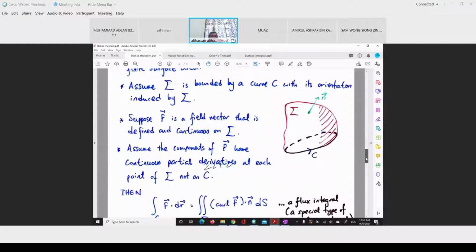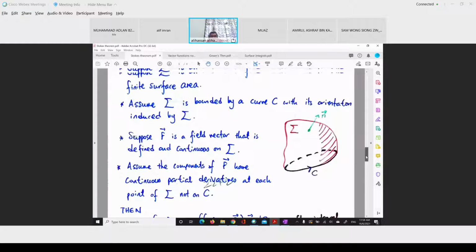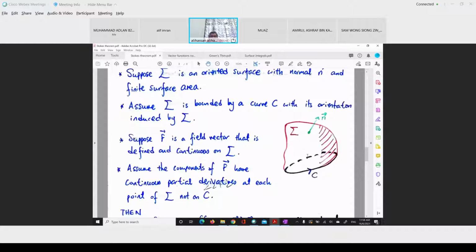Again, it relates to a surface sigma, and the boundary of the surface is some curve C, and there's a normal vector of the surface. This curve C has an orientation. The surface sigma is bounded by a curve C, whose orientation is induced by the surface. So all this needs an explanation.